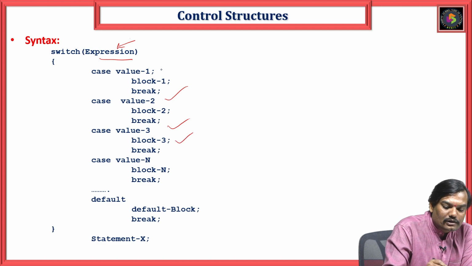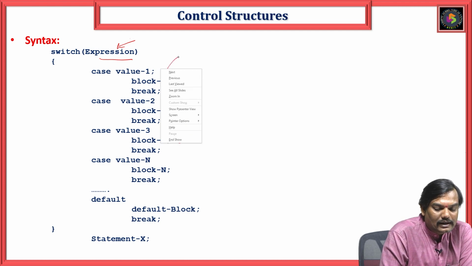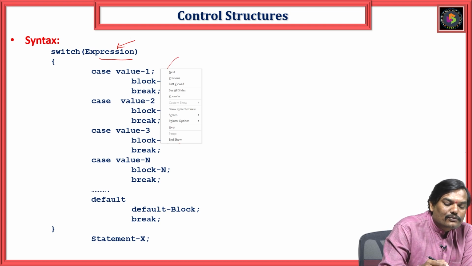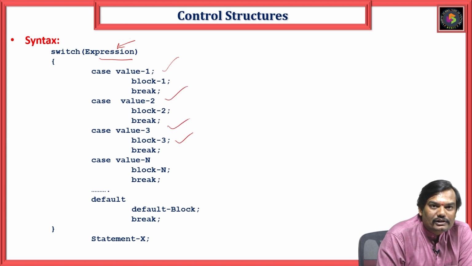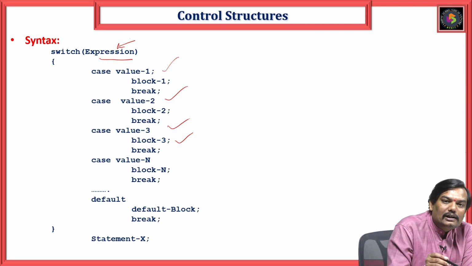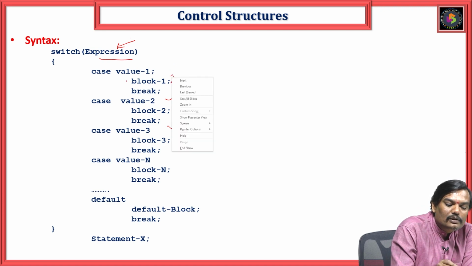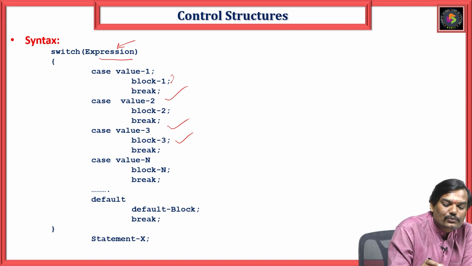In this syntax, we have n number of cases. All the n case values will be compared with the evaluated expression value. Whichever case value matches, the statements associated with that case block will be executed by the switch.